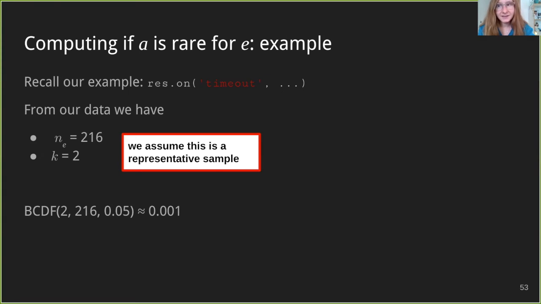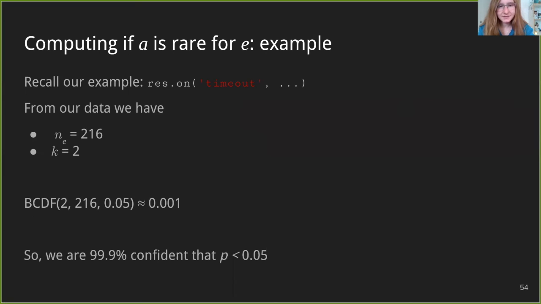And we're assuming that our data is a representative sample. So that means we're 99.9% confident that the actual probability of getting this event for this access path is less than 0.05. So if we're saying that something's rare if it happens less than 5% of the time, then we're very sure that this is indeed a rare event on this access path.